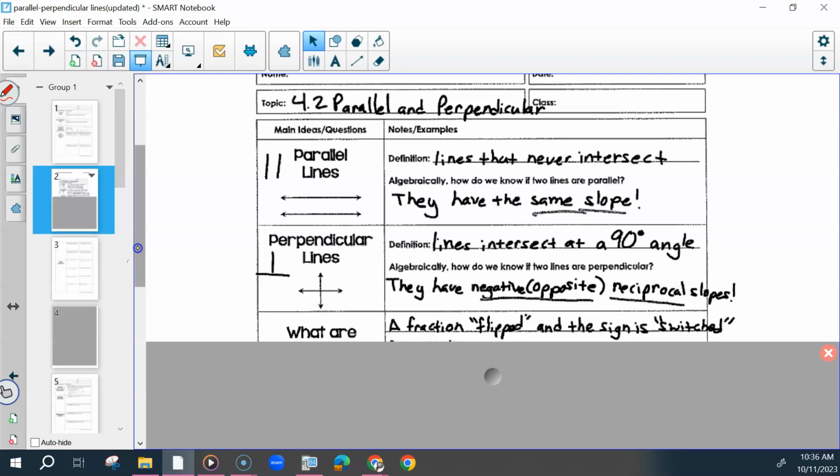So fraction flipped, and the sign is switched. Once we all have that written down, we're going to talk about some negative reciprocals.